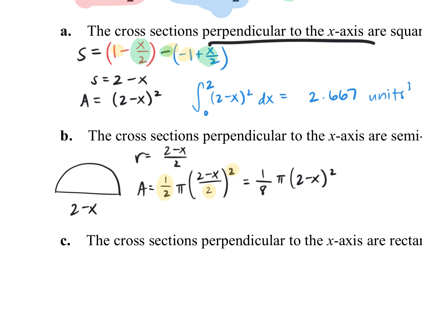So now for my volume, we're integrating over the same range of values, from 0 to 2. And actually, I'm going to put that pi over 8 in front. So I've got pi over 8 times the integral from 0 to 2 of 2 minus x squared dx.